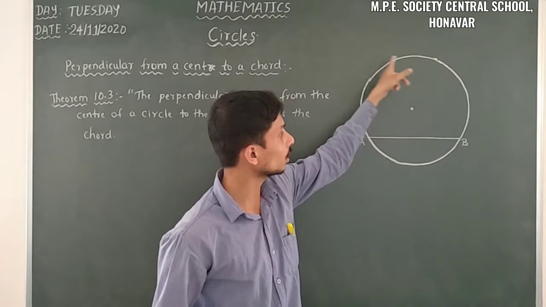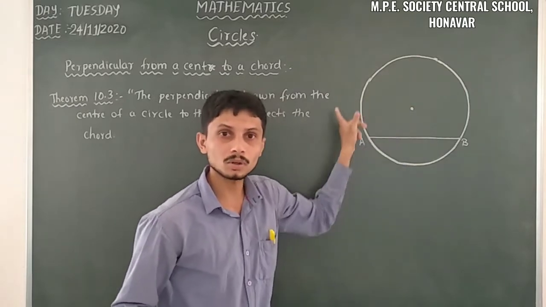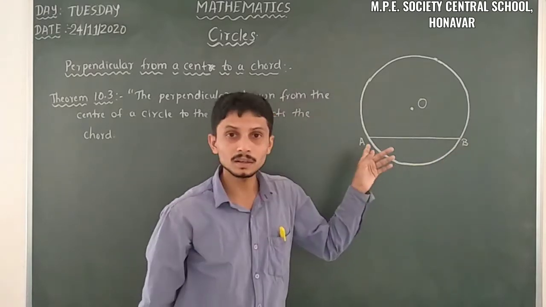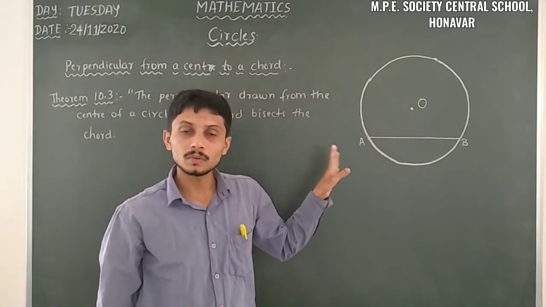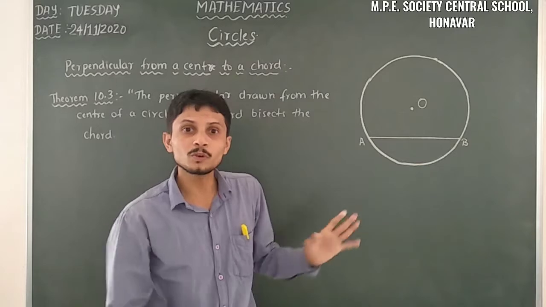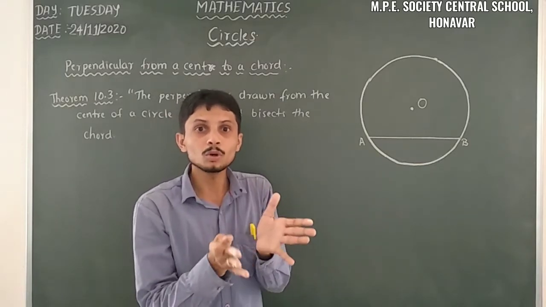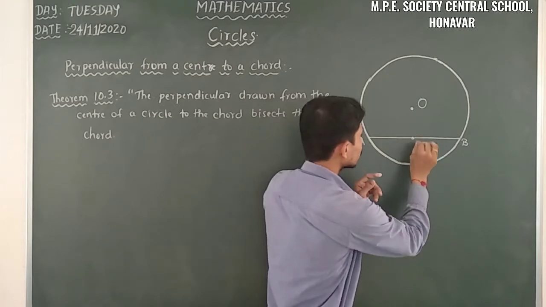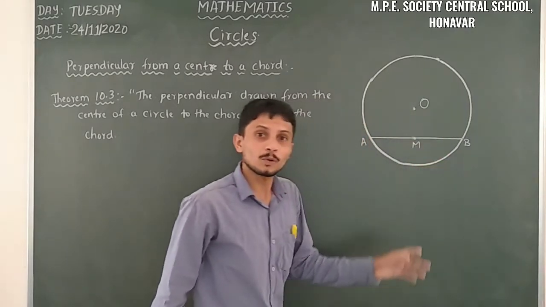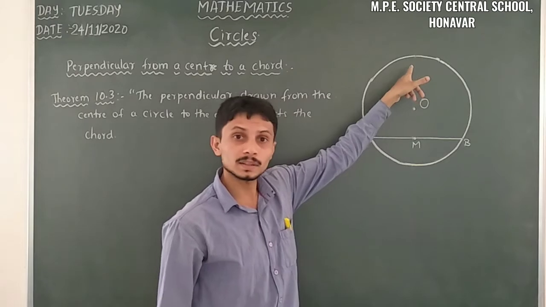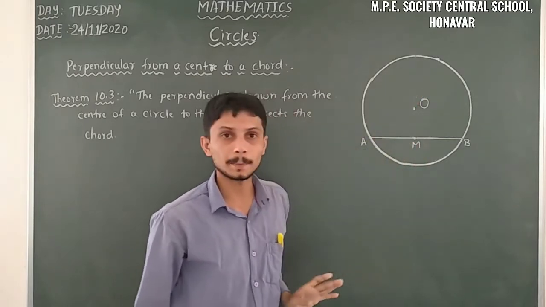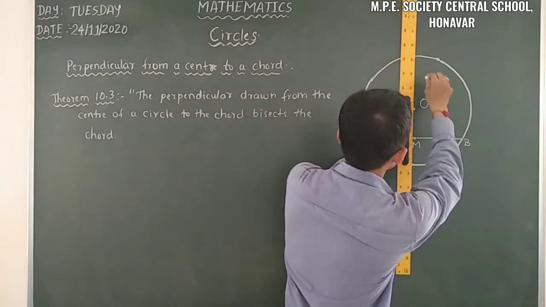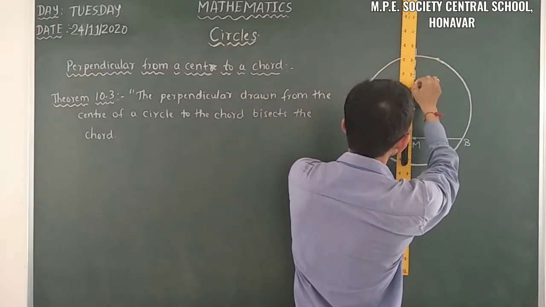In that you have to draw a circle with the center O. Then we have to fold that paper such that the folding passes through the point M. So the folding is like this.